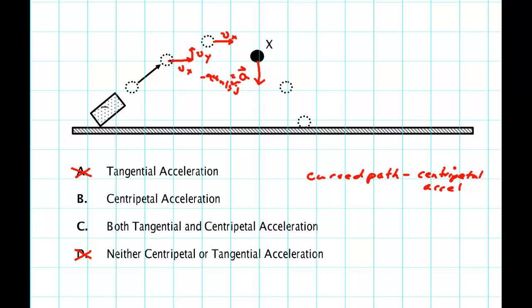So its velocity tangent to the path was bigger, so it is slowing down as it goes on. Speed changing. So it has tangential. The correct answer is C.